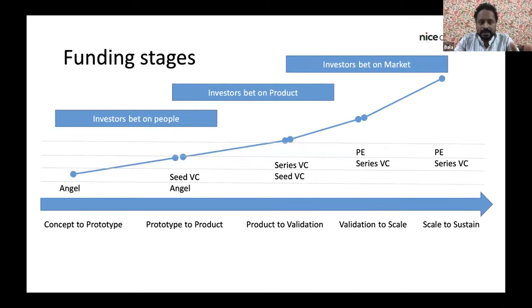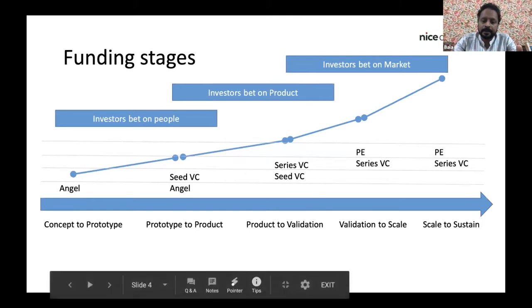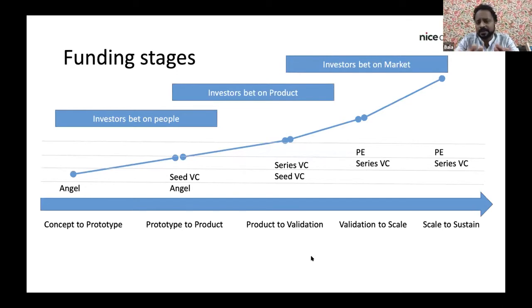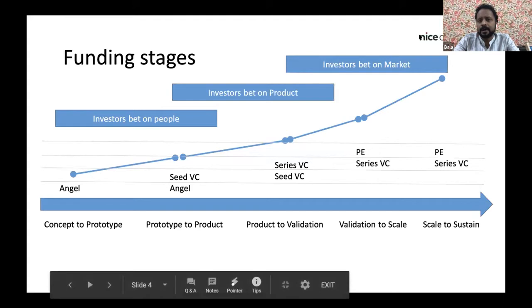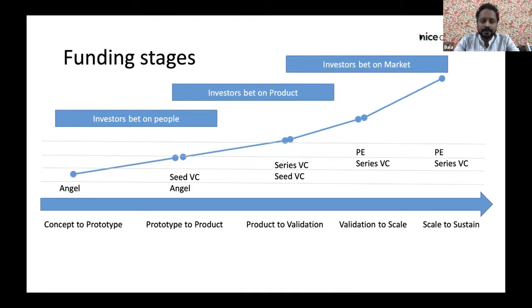I don't want to discuss this particular slide because Vinod did spend quite a lot of time talking about different classes of investors. But I'm still showing this slide for maybe 10 seconds, primarily so that you can understand some of the key differences that Vinod brought out.